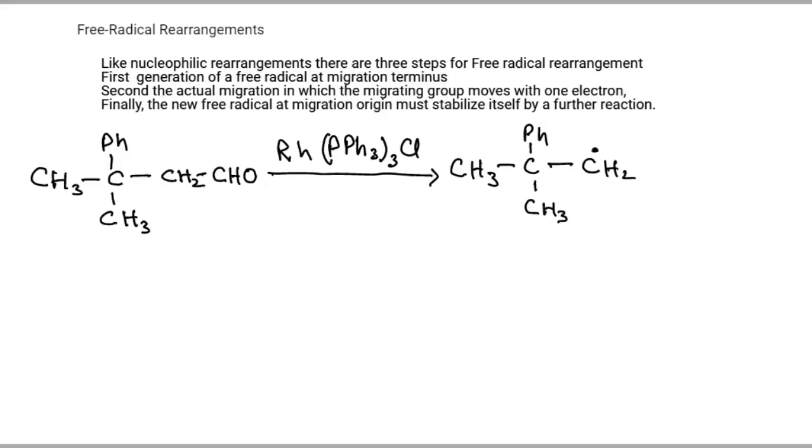So here the migrating group also migrates with one electron. In the second step we will get CH3.